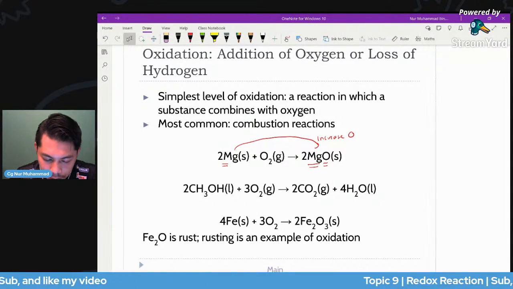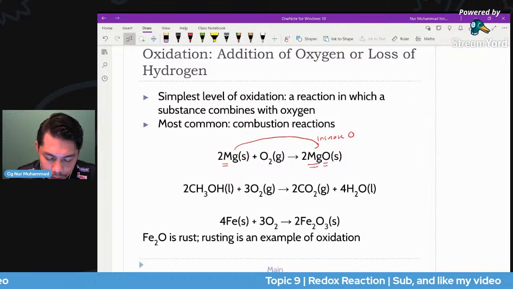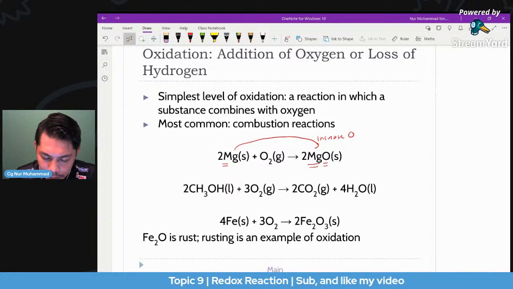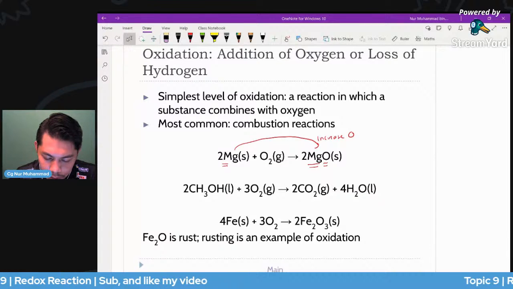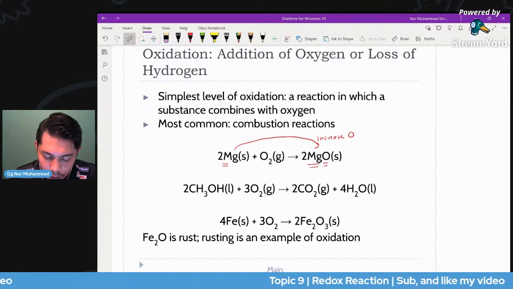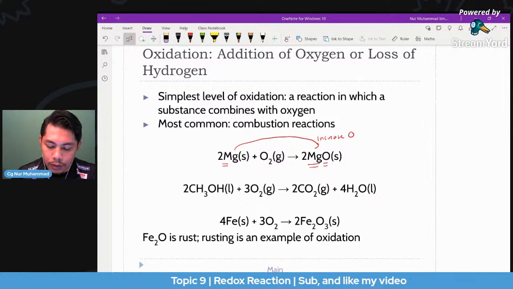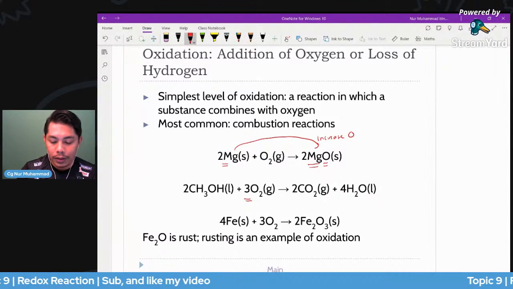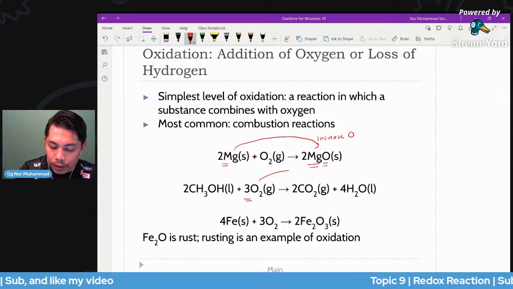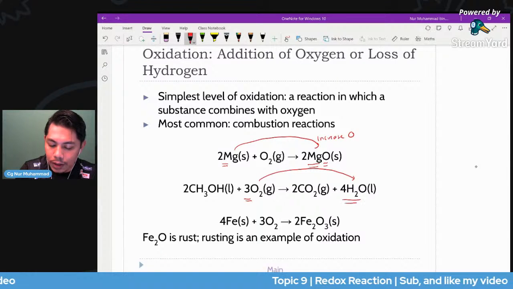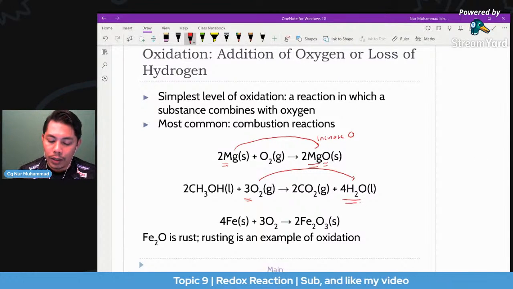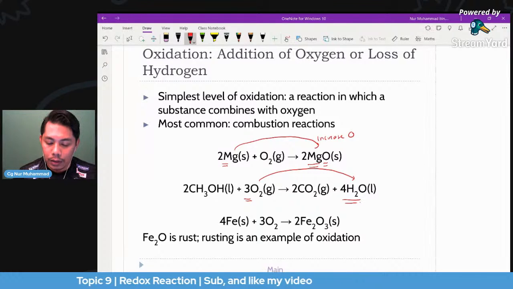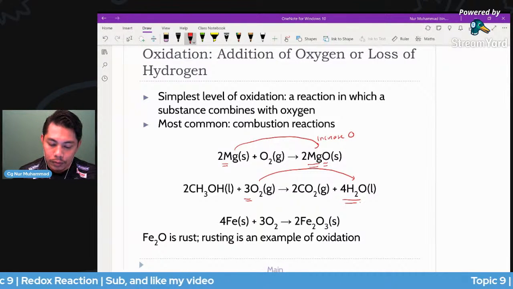Dekat mana oxidation dia ni? Okay, in terms of hydrogen, class. Oxygen become water, kan? Without hydrogen, now it increase the number of hydrogen.